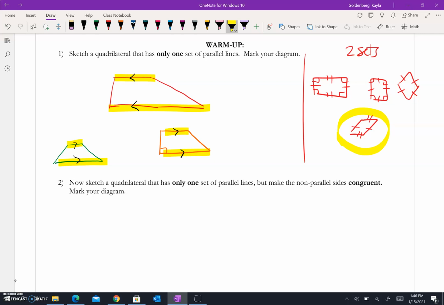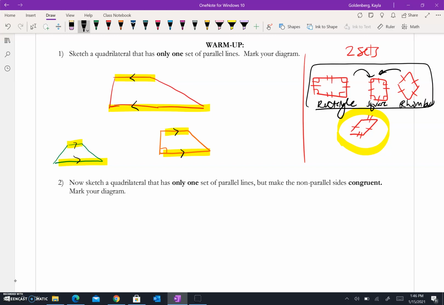The parallelogram was the overarching category, and remember all of these rectangles, squares, and rhombuses are special parallelograms where we either have all sides being equal like the rhombus, or we have all angles being equal like the rectangle. And then remember the square was the really special parallelogram where all sides and angles were equal, so it had all the qualities of a rectangle and a rhombus, getting us a square.